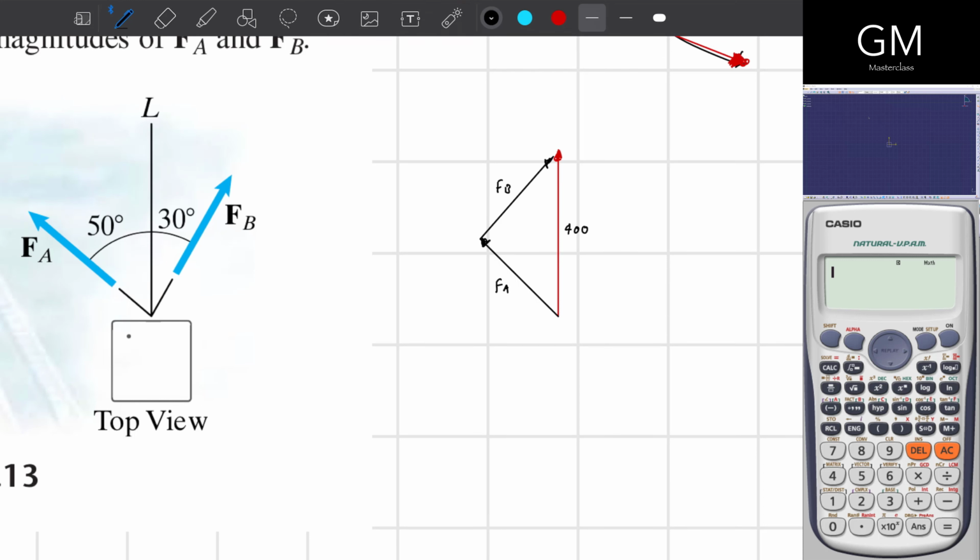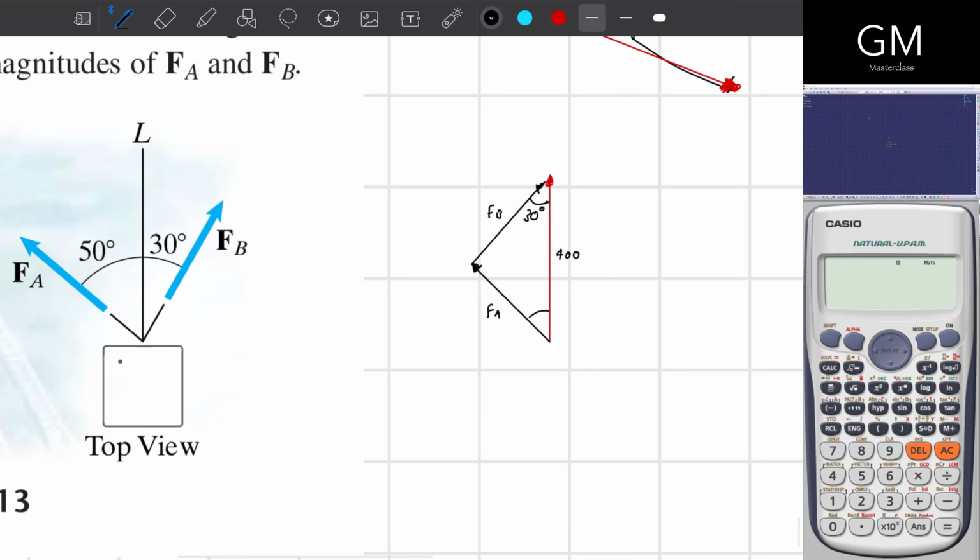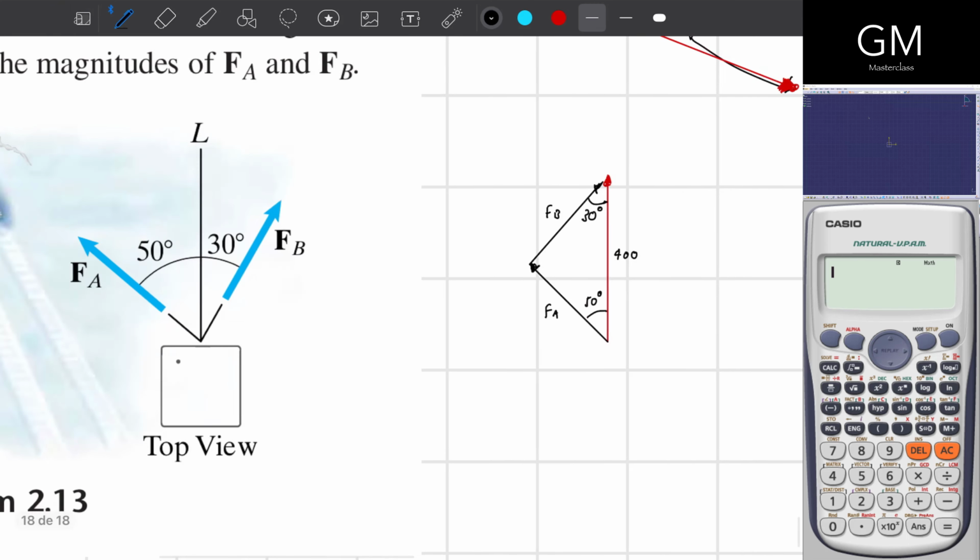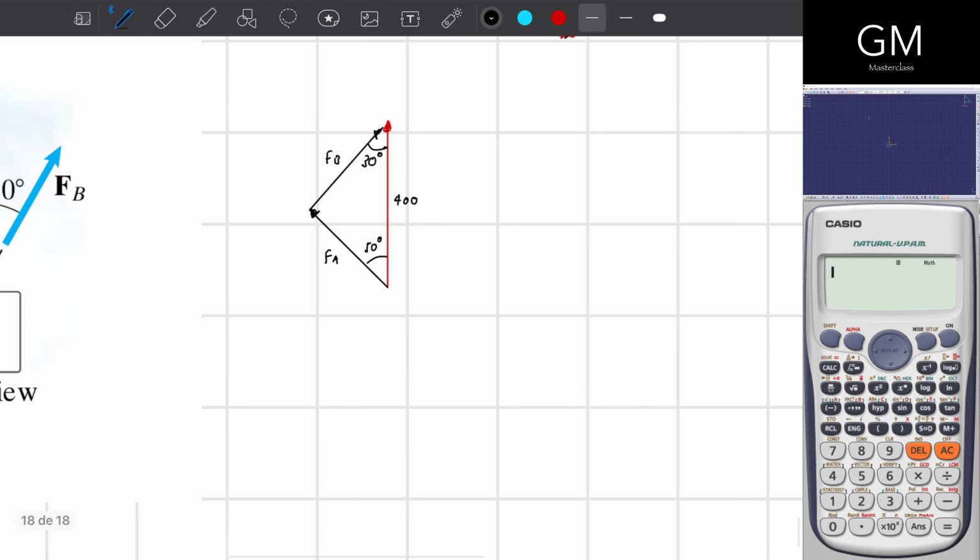So between FB and a vertical line I have 30 degrees, and with respect to a vertical line and FA I have 50 degrees. They're asking me for the magnitudes: FA is equal to what, and FB is equal to what.